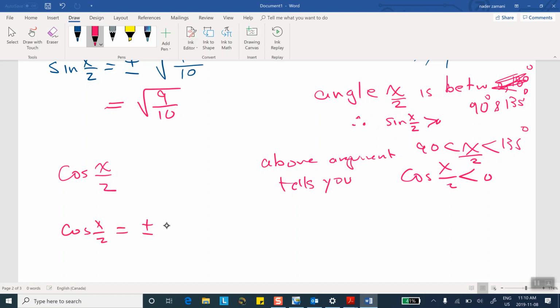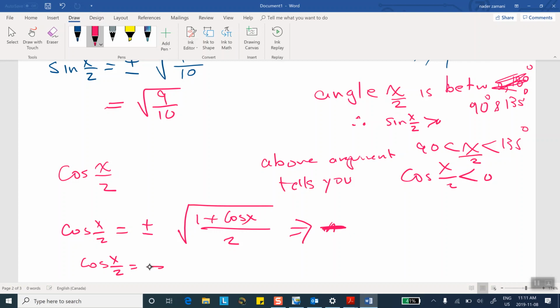It's plus or minus, look it up in the table that you got, the square root of 1 plus cosine of x divided by 2. And we should take the negative because of what I just said. That means cosine of x over 2 is negative square root of 1 plus cosine of x over 2.